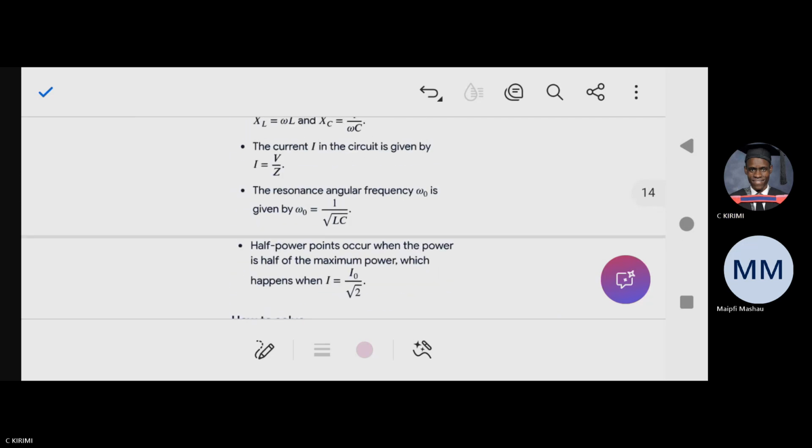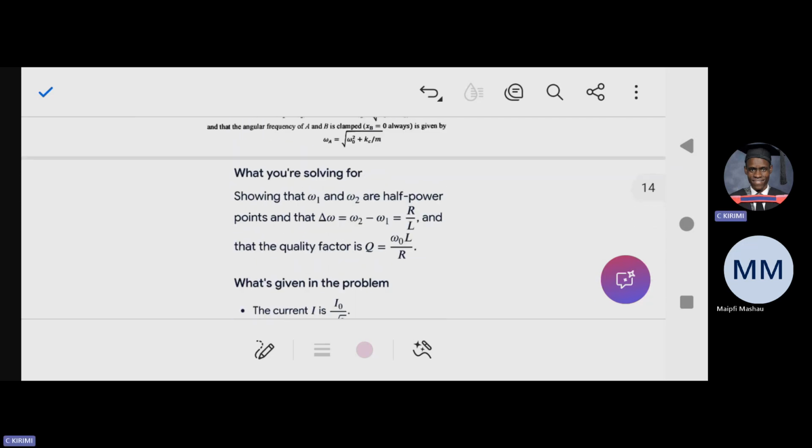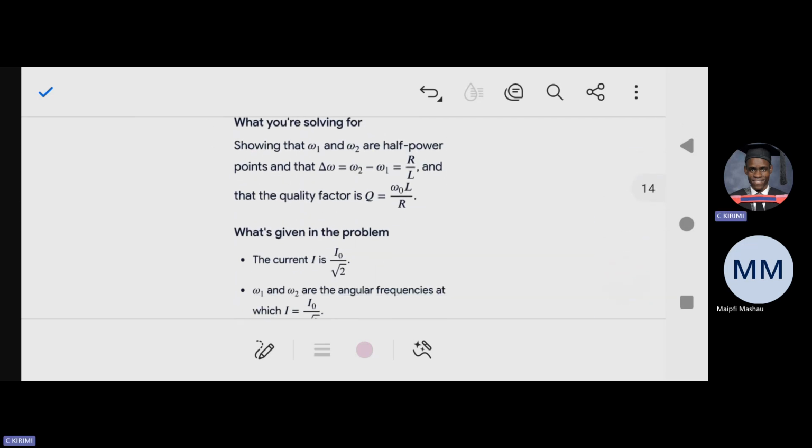So I will share with you, but it's not a difficult one. So show that W1 and W2 are half power. With this one we did it, isn't it, for the half power ones? And then this one, this is the one which you have done. So this part is number A. So this one was part number B. Oh, that's question B. Yes.